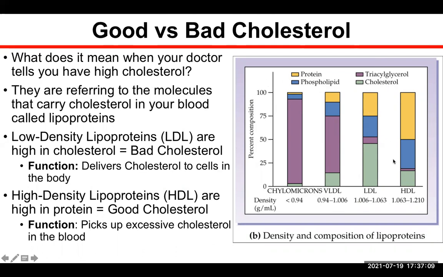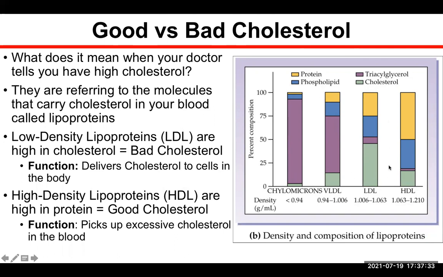And so here I have a nice diagram that basically shows you the composition of each one of these types of lipoproteins. And so when we look at the low density lipoproteins, these are going to be really high in cholesterol. So if we look at all of these types of lipoproteins that exist, they have a high composition of cholesterol in them.